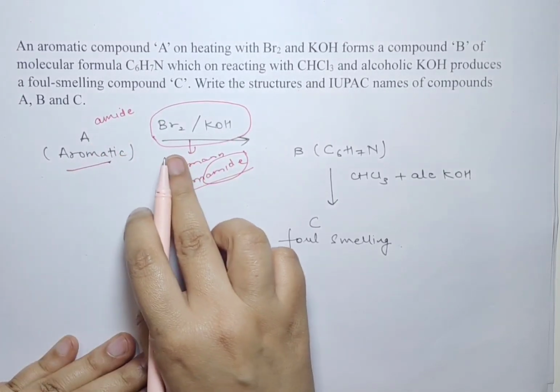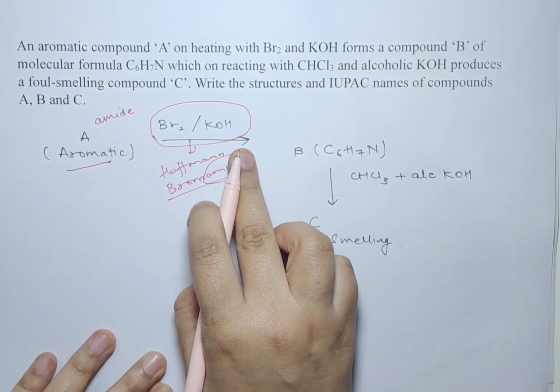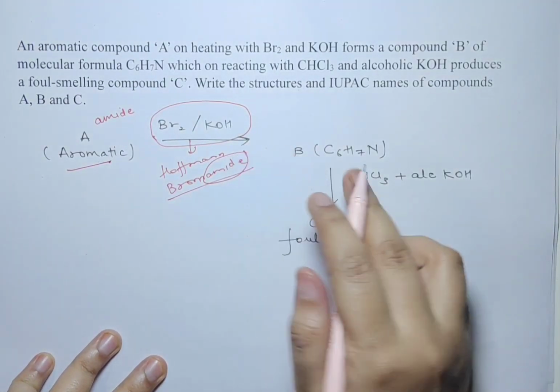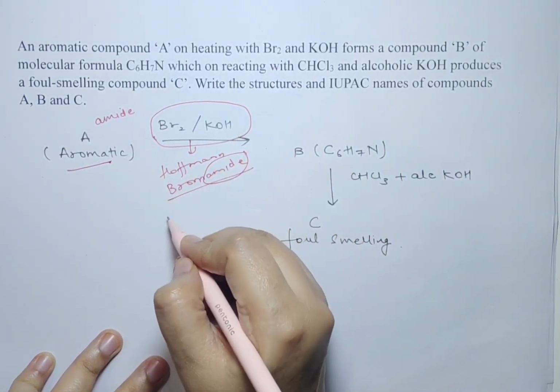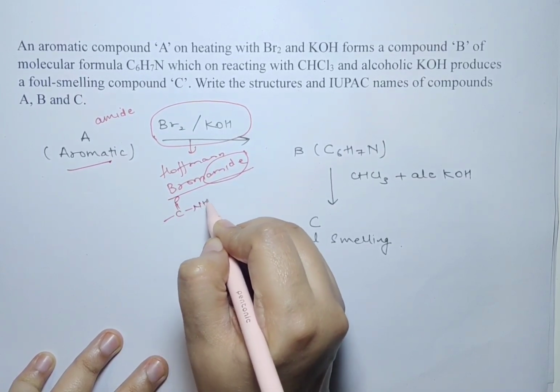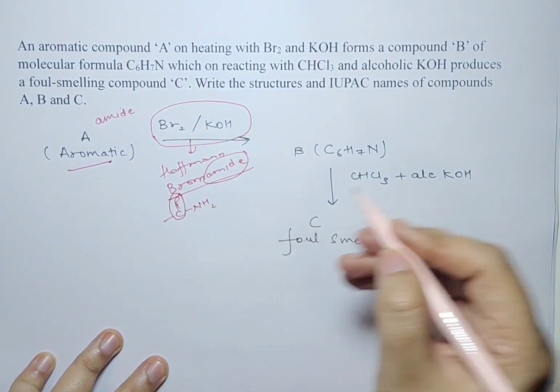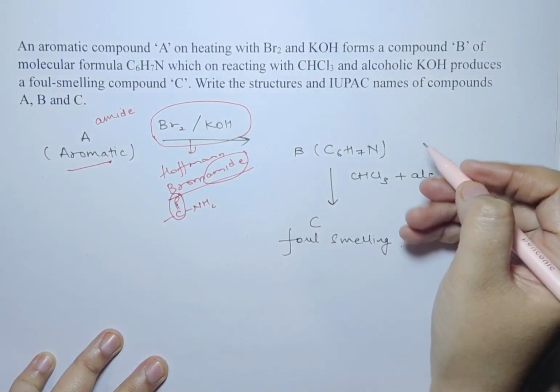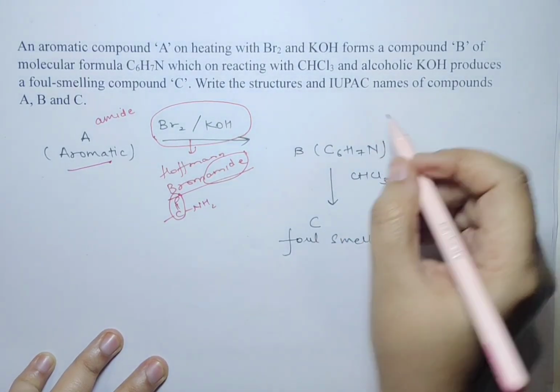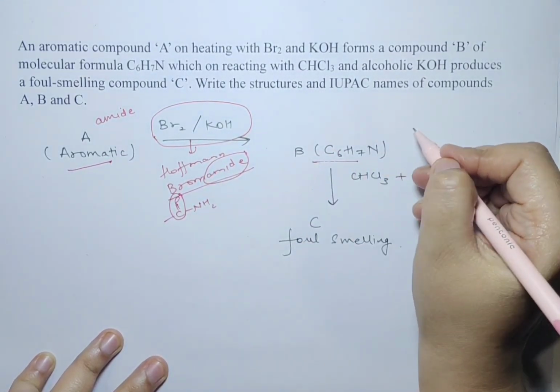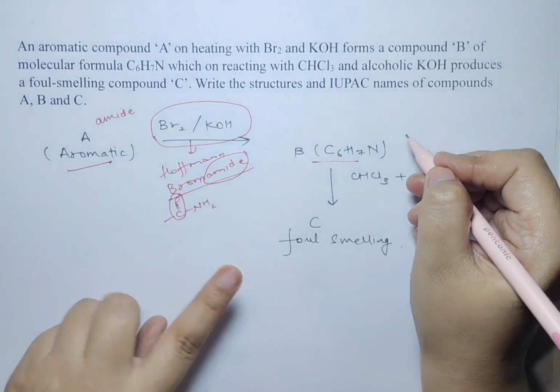And after undergoing Hofmann bromamide reaction, it's giving us this from the amide group. This is removed, so it's giving us primary amine, right? And of course, it has to be again aromatic, because only C double bond O is removed.